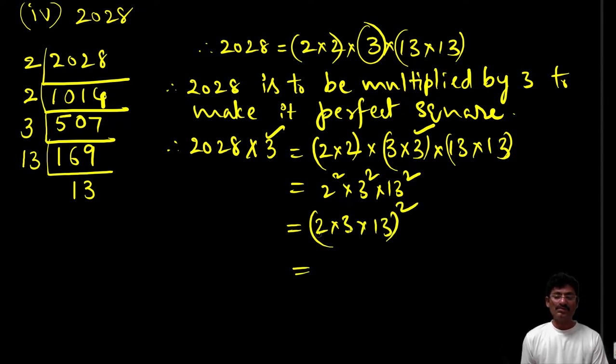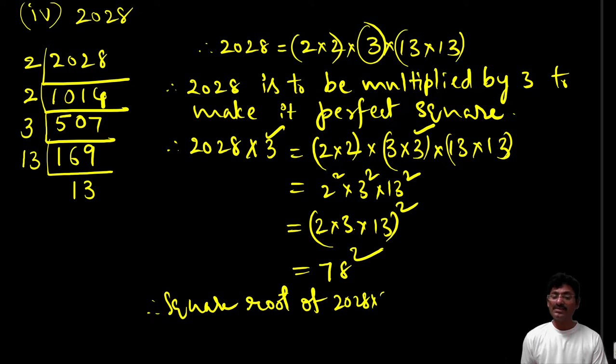This is equal to 2 times 3 is 6. 6 times 13 or 13 times 6. That is 78. So 78 square. So therefore square root of the number obtained. What is the number obtained? 2028 times 3. That's it. That is equal to square root of this one is how much? 78.